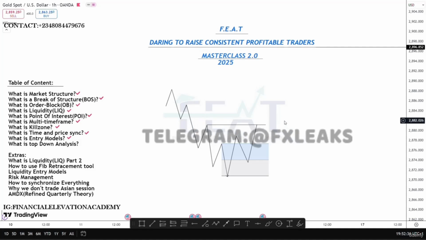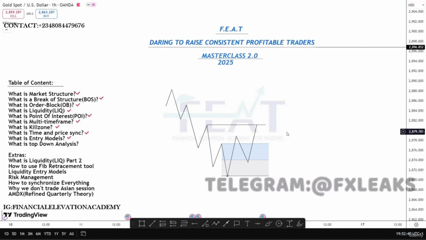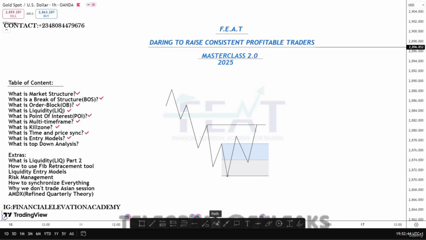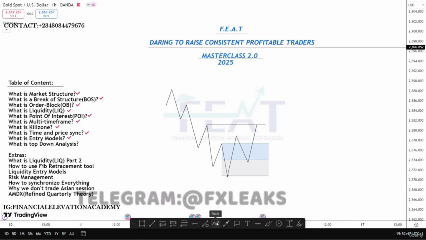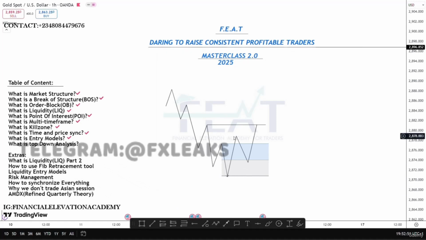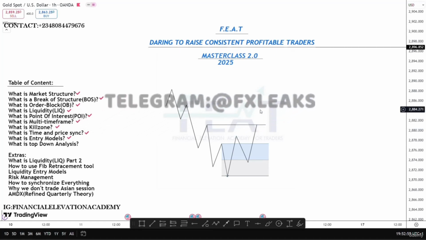So now that you've seen that price is currently somewhere here, you want to go into the weekly to look for possible sell entries now, because first things first, when you see a break of structure, it's not going to just buy all the way up like that.